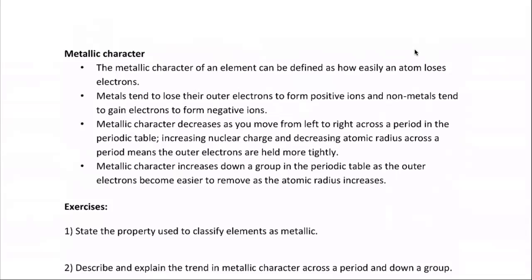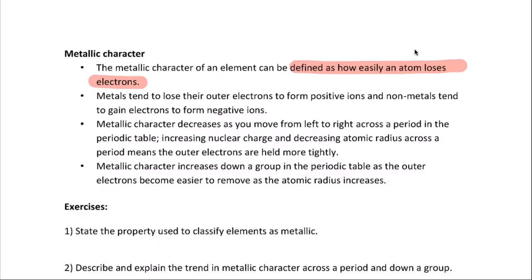But the actual definition of something being characterized as metallic in chemistry is just how easily it can lose electrons, because metals want to lose electrons, non-metals want to gain electrons to become stable. So the more easily an atom loses electrons, the more metallic character it has. The less easily, the less metallic character it has. So it's going to be more non-metallic.